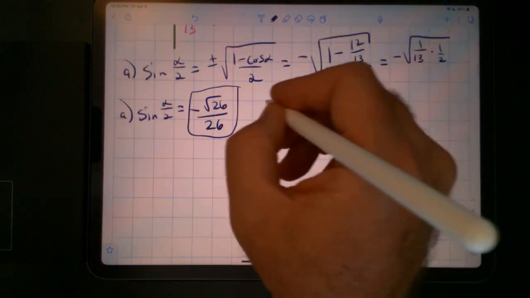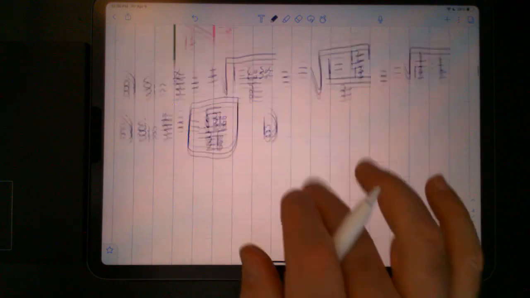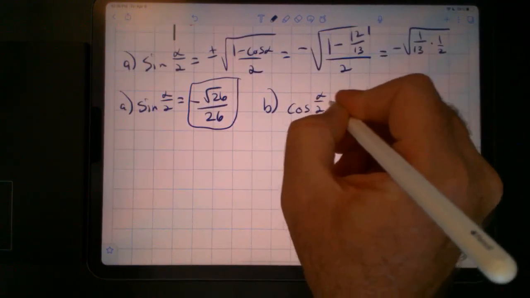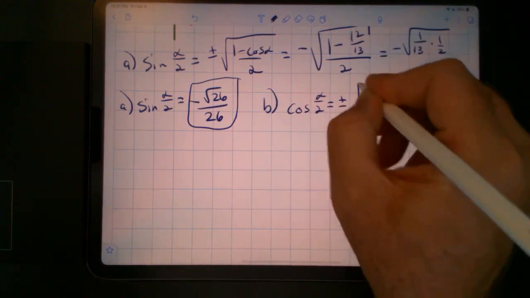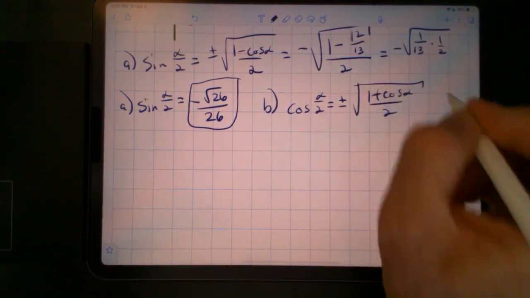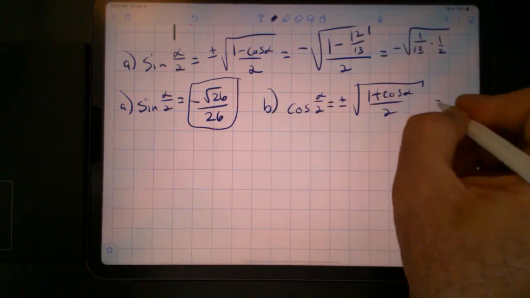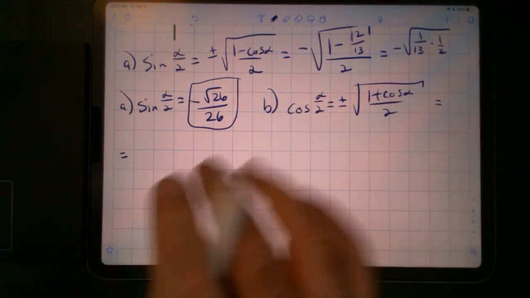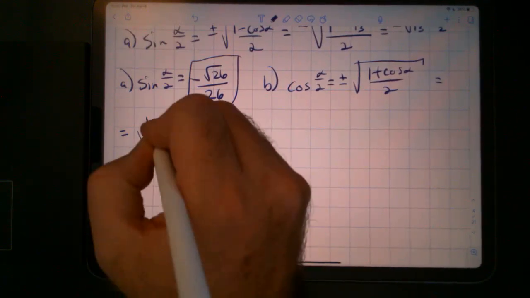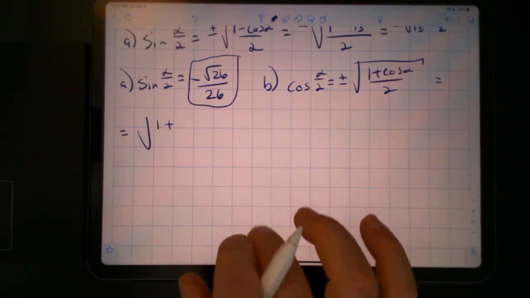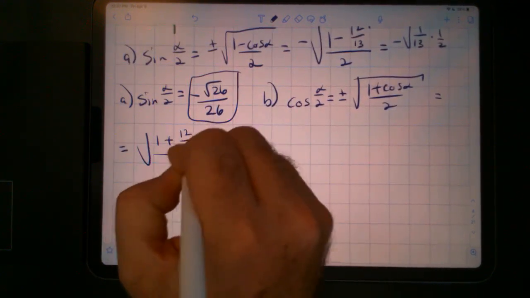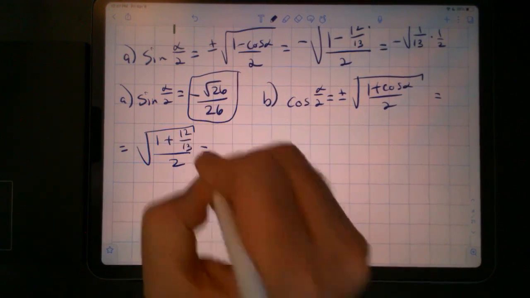Okay, looking at the B part, we have cosine alpha over 2. This is going to be equal to plus or minus the square root of 1 plus cosine alpha over 2. Cosine is positive in quadrant 4, so we're going to look for the principal square root, and cosine alpha is 12 over 13, all divided by 2.